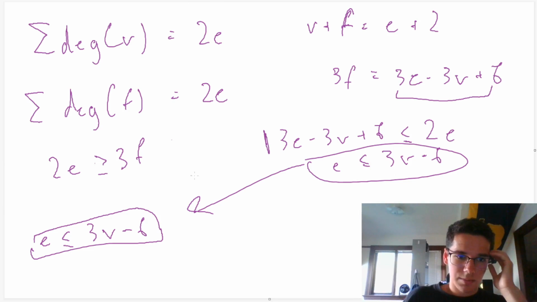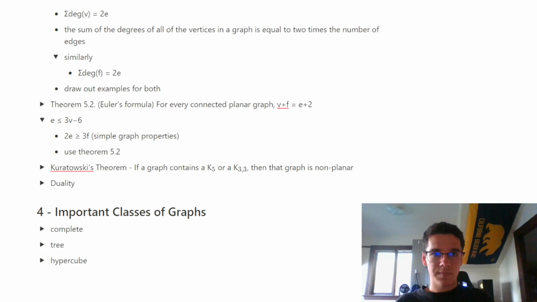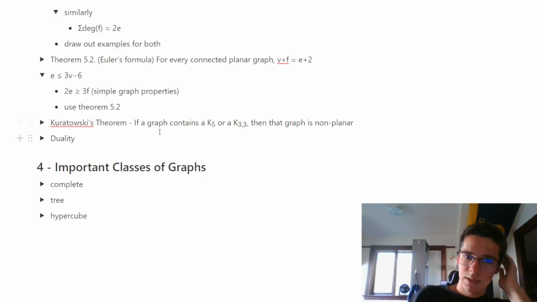I guess you can also just memorize that equation, but we're going to move on to the next step. Just give me 1 second. Okay, so we're going to show Kuratowski's theorem, and this basically says that if a graph contains K5 or K3,3, then the graph is non-planar.